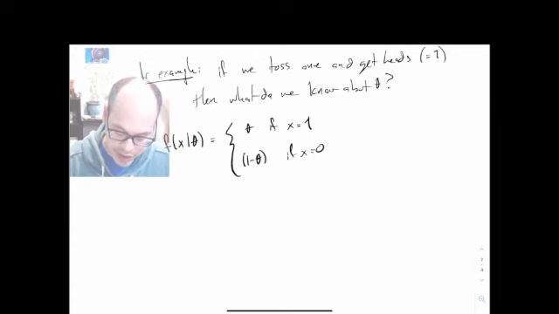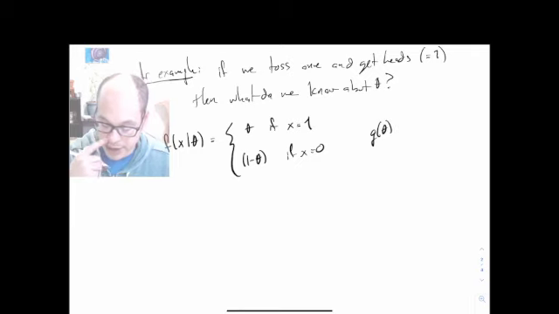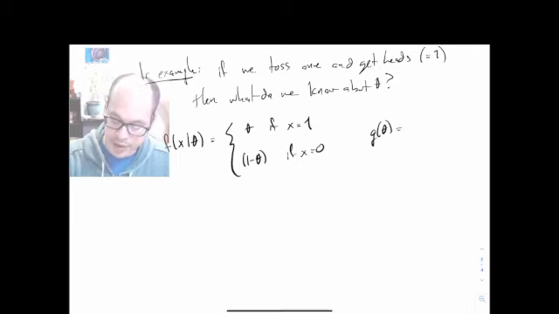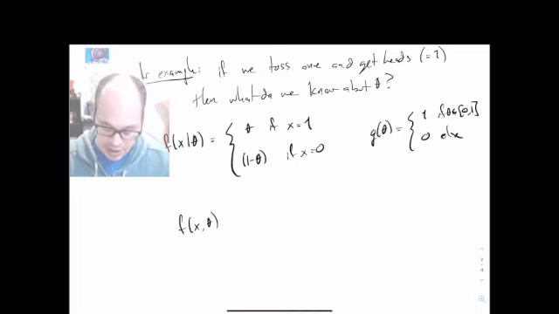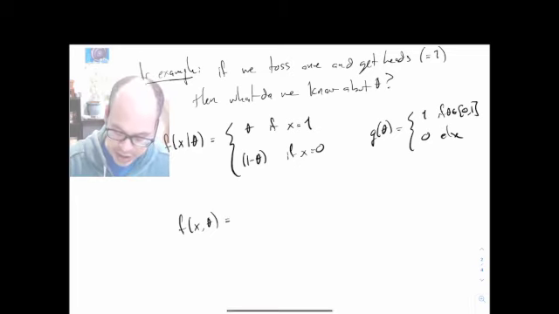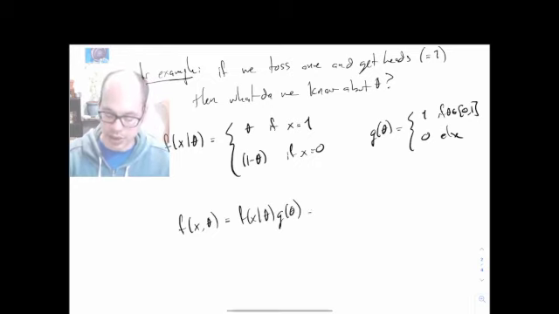Okay. We also have our density function for theta. So theta is uniformly distributed, so it's 1 if theta is in [0, 1], and 0 otherwise. We have our joint density, which is this thing that we're artificially putting together, which is given like so.